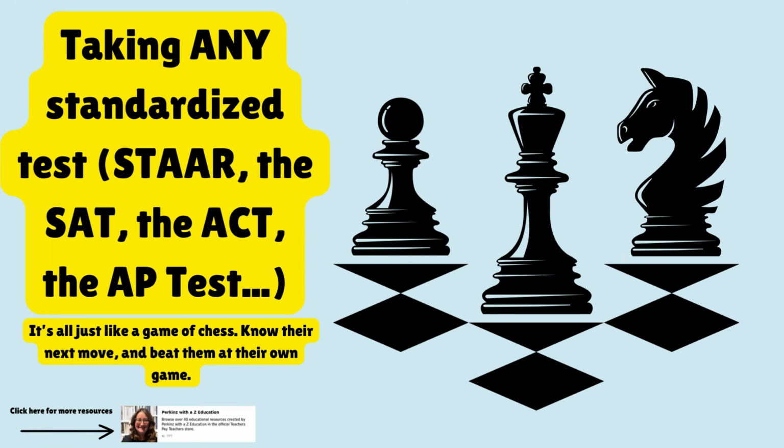And they have a pattern. They have a pattern of the types of wrong answers they throw in. And that pattern is going to vary depending on the type of test. But ultimately, the trick to excelling at any standardized test is like playing a game of chess. Know their next move and beat them at their own game.